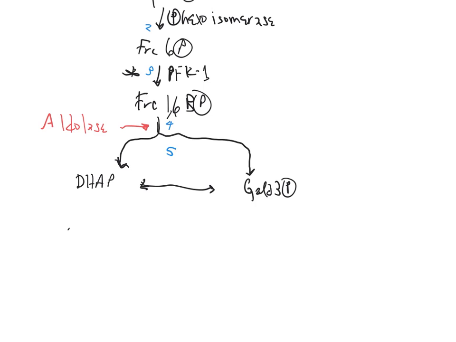Since these are isomers of each other, what class of enzymes does this? It's an isomerase. Does anyone remember what its name was? It's another generic one, based off of the kind of compound that both glyceraldehyde and DHAP are.